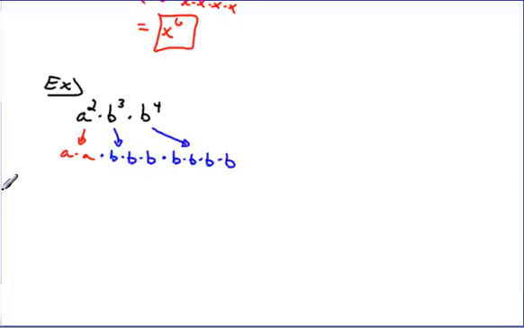What in the world? Now, of course, you're not usually going to write something out that long, but we could condense it now and write it, just for fun, because remember, it's like a puzzle. I'm teaching you how to pull it apart and put it back together. In a second, I'll show you the shortcut so you don't have to do this every time. But for right now, while we're playing, how can I rewrite this as an exponent? A to the what? Okay. Good. And b to the what?